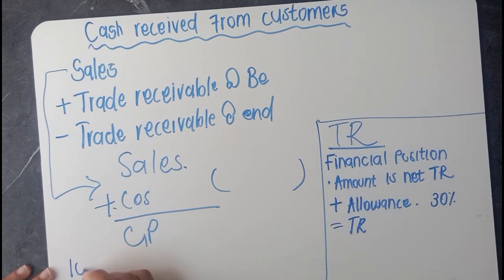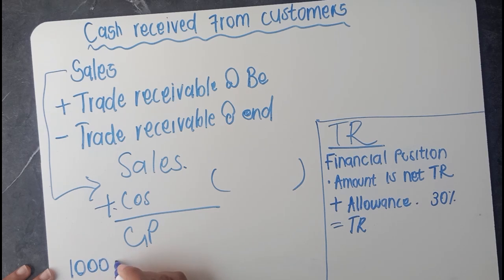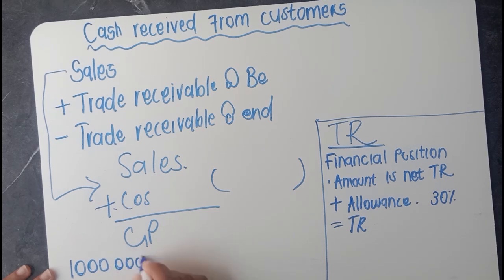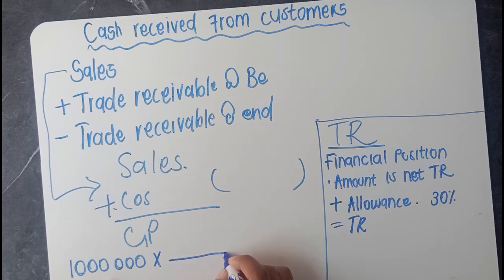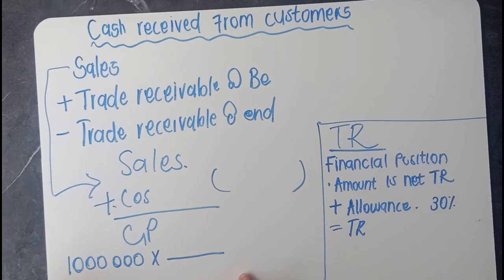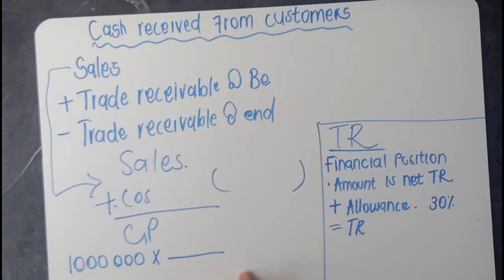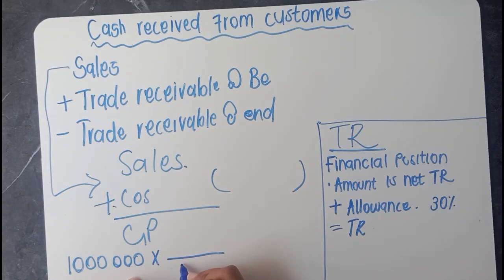Let's say it's 1 million. Then you use unknown over known. Ask yourself, this amount, 1 million, what percentage does it hold? It holds 70%, right? So this is going to be 70%, which is your known.